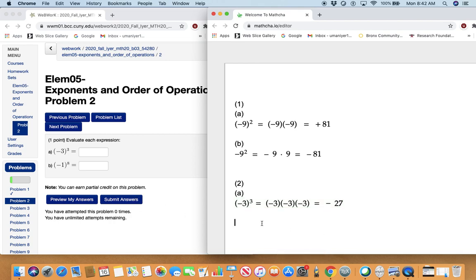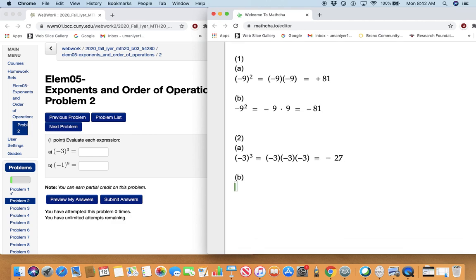So B part, on the other hand, is the following. Parenthesis negative 1 power 8. What that means is the parenthesis has to be repeated 8 times: 1, 2, 3, 4, 5, 6, 7, 8.